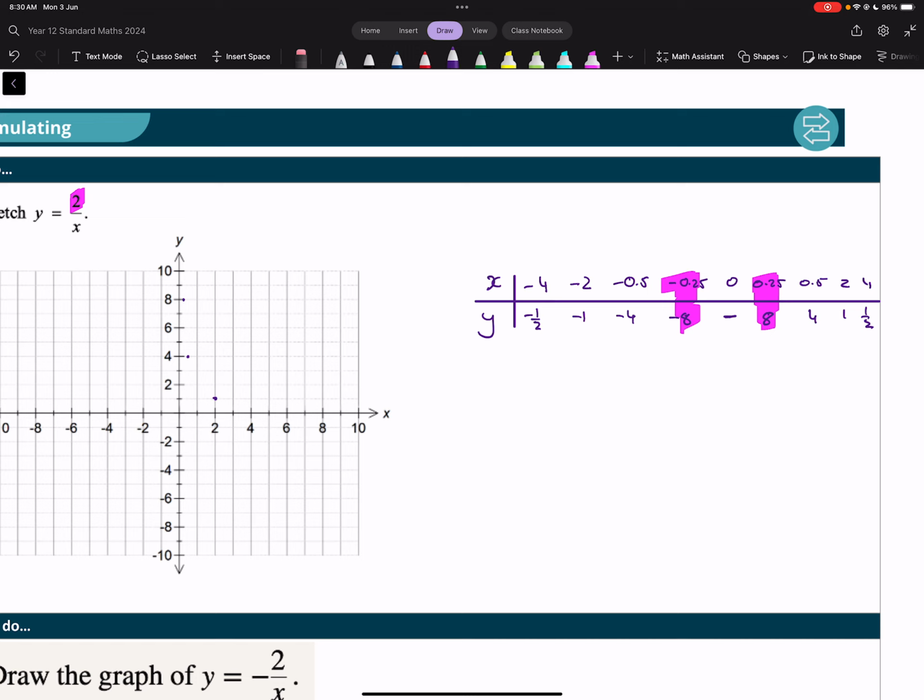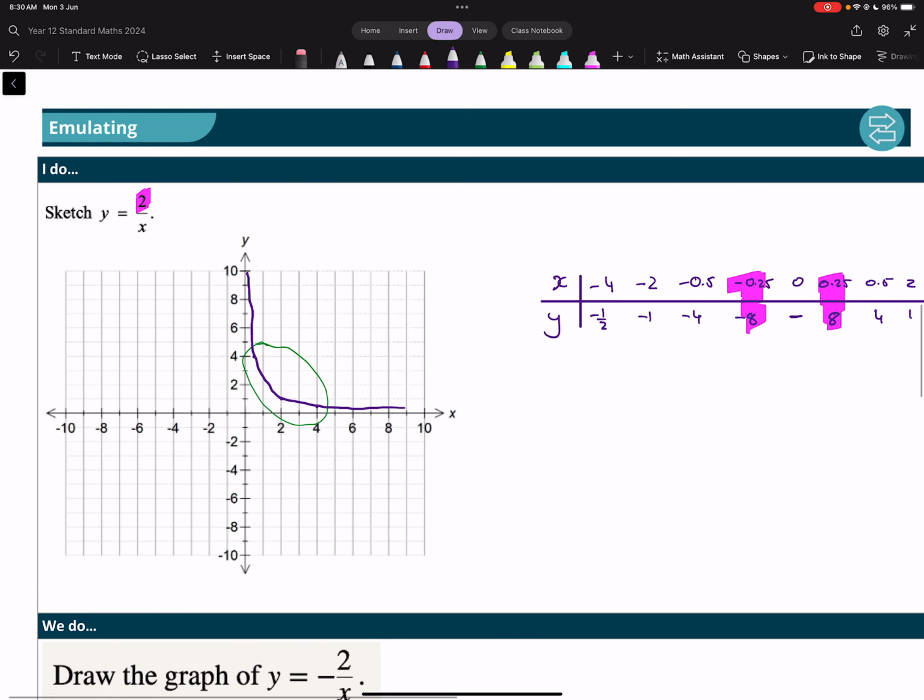At 2, we're at 1. And at 4, we're at a half. So if we only had these 3 points here, it'd be hard to draw the line accurately, I think. I think you really need this one up here to go through.